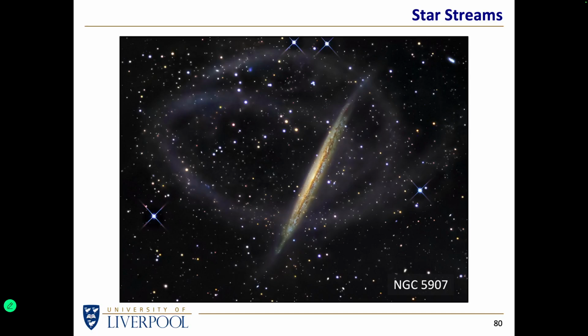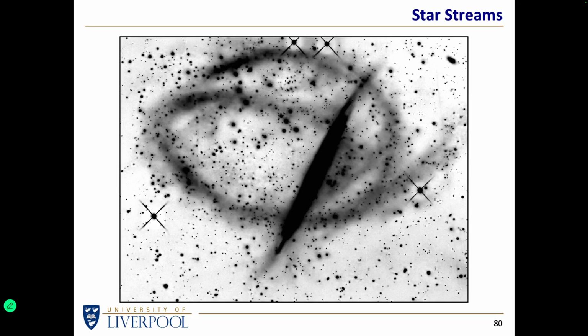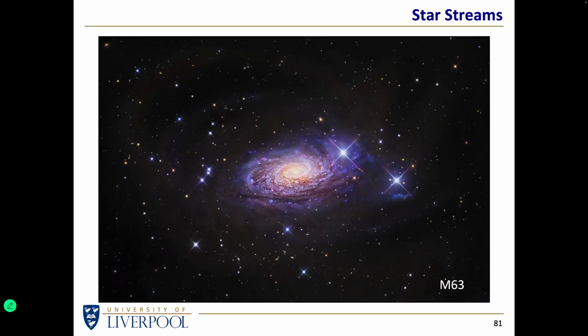The idea of star streams, when one galaxy passes close or through another, leaving behind a breadcrumb trail of stars in its wake, we see that with other galaxies. In this one, you can perhaps see the faint star streams. If I change the contrast and invert it, you can see those star streams more clearly. There's definitely signs that one galaxy has interacted and possibly orbited this galaxy and left behind a stream of stars.